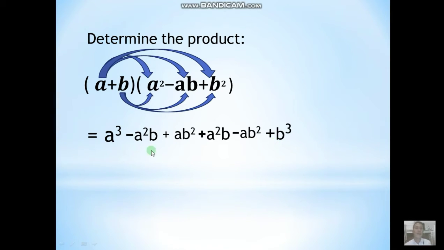Alright, so after multiplying, we will now add or combine similar terms. So we will apply the addition rule of polynomials. In this case, we have these similar terms, a squared b and then ab squared. You have noticed guys that the numerical coefficients of these similar terms are the same and they have opposite signs.